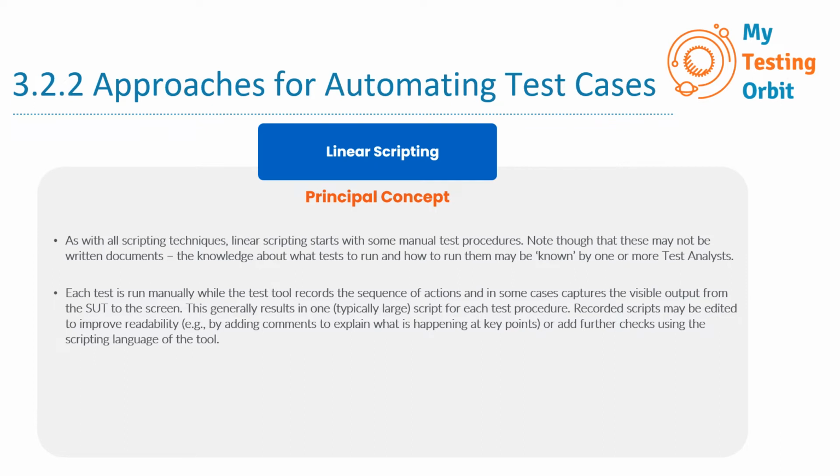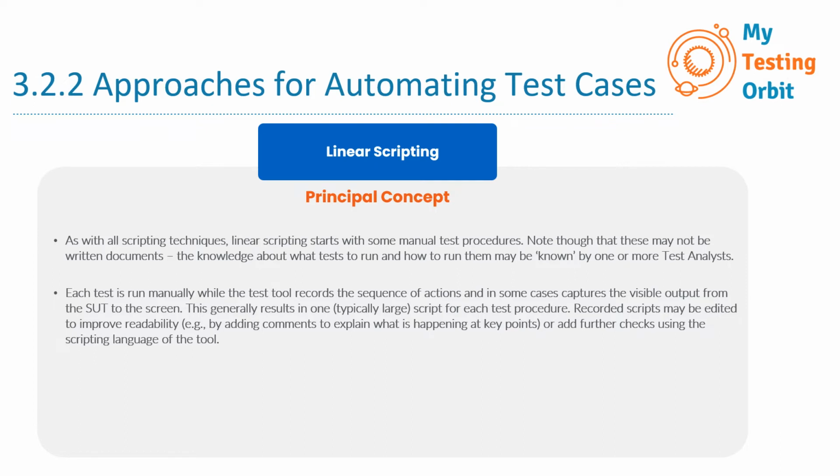In record playback, we are recording, capturing the sequence of actions against a system, and then when we play back that recording, a script is generated, but we can't edit anything in it.